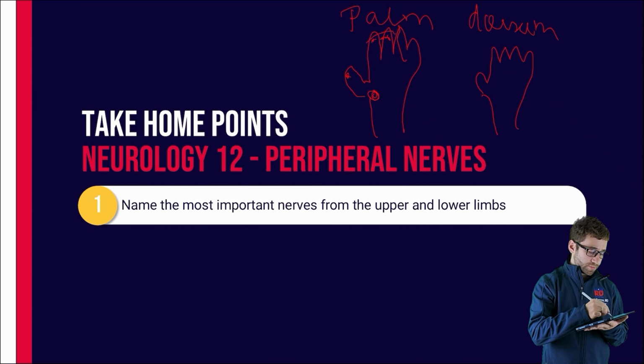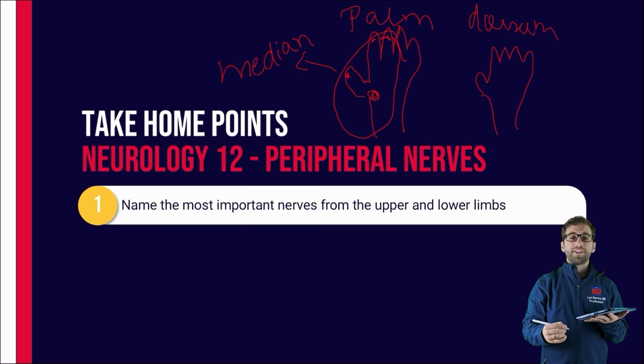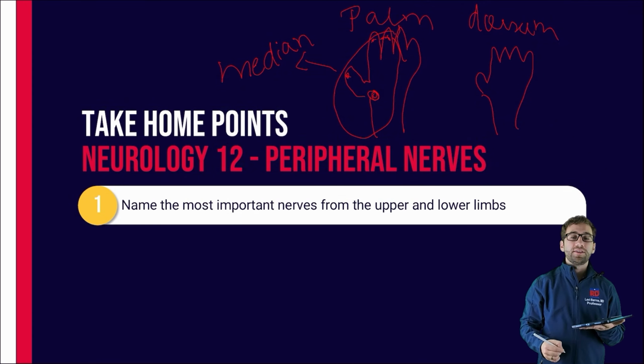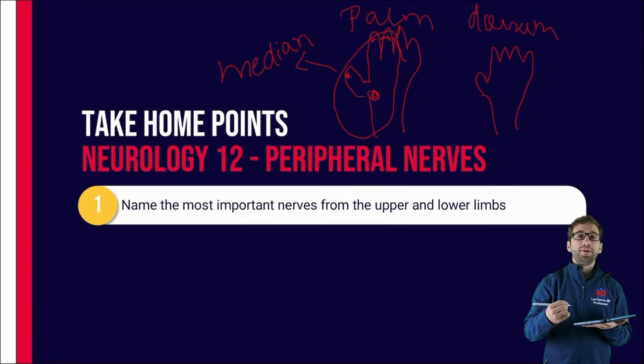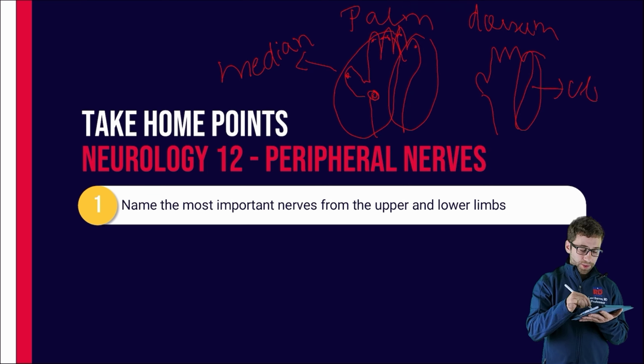So this all here is median nerve. The ulnar nerve innervates the flexor carpi ulnaris and the intrinsic muscles of the hand, providing sensory innervation to the medial half of the ring, this, and the little finger. This here, and also this here as well, is ulnar nerve.